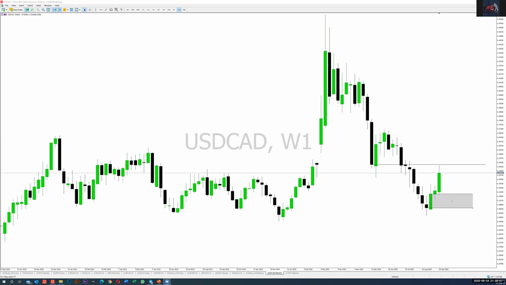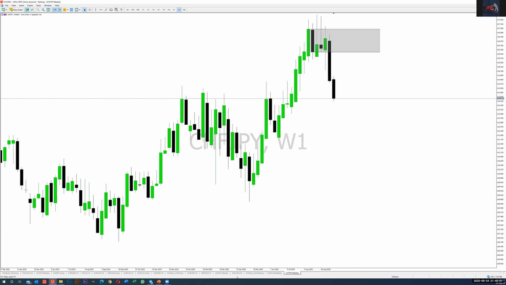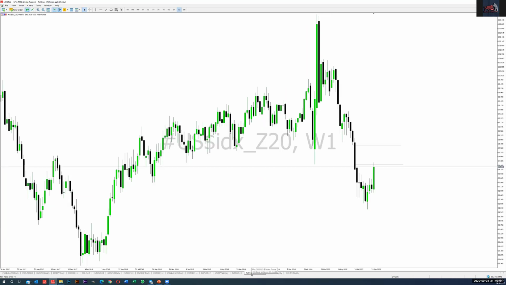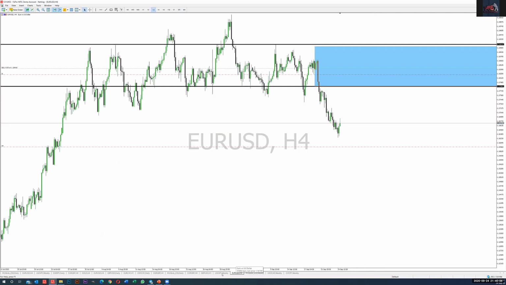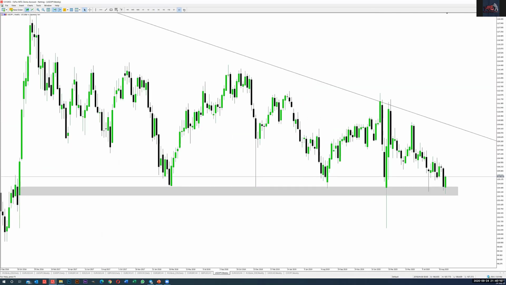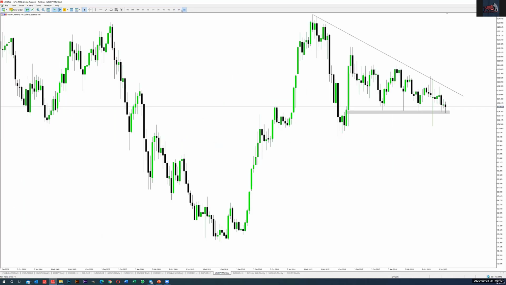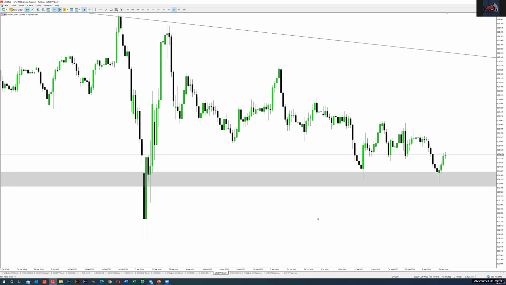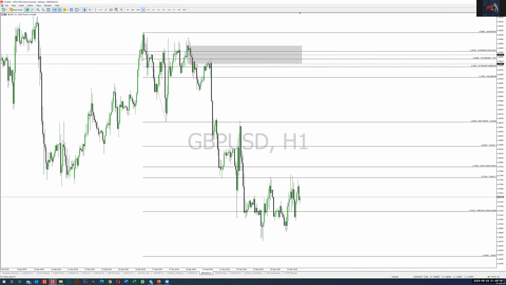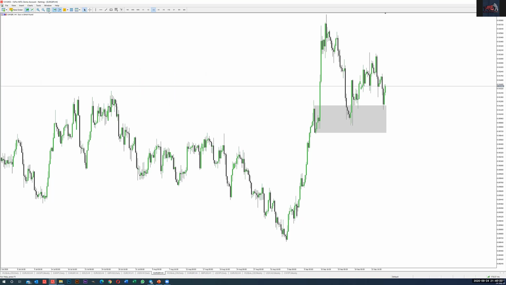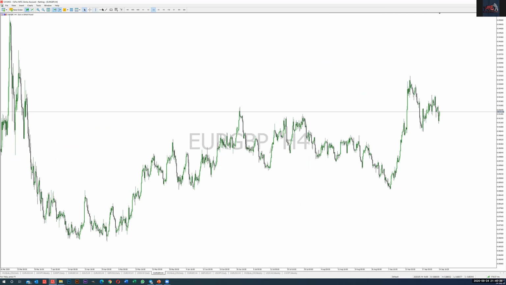Right. Let me see. What do we have? CHF, US dollar index, Euro USD, JPY, weekly, monthly. Okay, let's go to daily and see. There's nothing interesting there. I'm trying to see where I can highlight for you a fresh zone and an original zone.